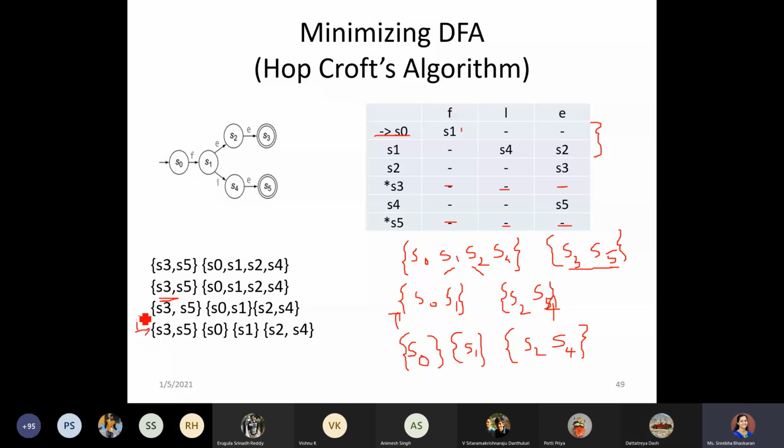Just see the previous state, the previous time, whether both the contents are together or not. If you see, S3 and S5 both were together. So that means we don't have to split. It will go together itself. We don't have to split S2 with S4. It will be together.